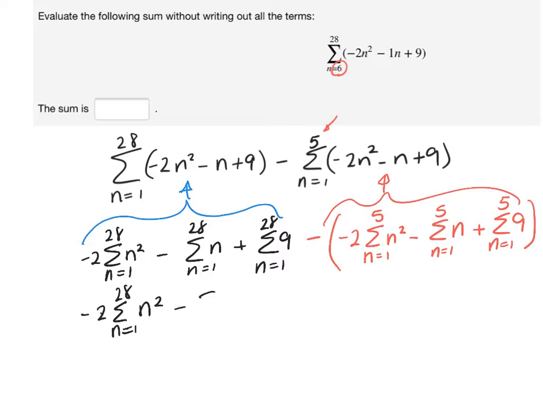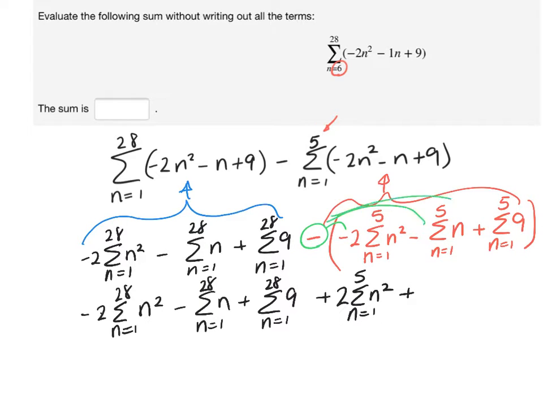And then minus the summation of n equals 1 to 28 of n, plus the summation of n equals 1 to 28 of 9, plus, because of the double negatives, 2, the summation of n equals 1 to 5 of n squared, plus the summation of n equals 1 to 5 of n, and then minus the summation of n equals 1 to 5 of 9.